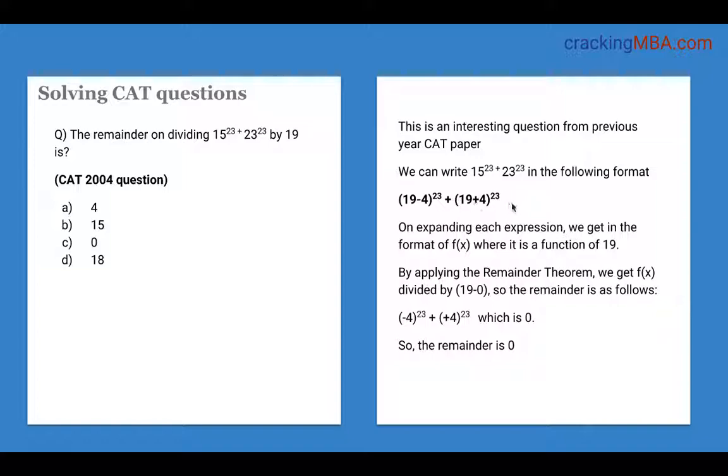So this 19 plus 4 power 23 can be expressed as 19 power 23 plus 23c1 19 power 22 multiplied by 4 and so on. That whole function can be expressed as a function of 19.